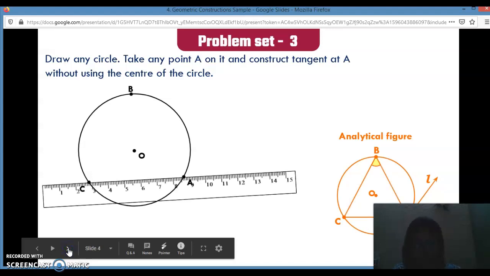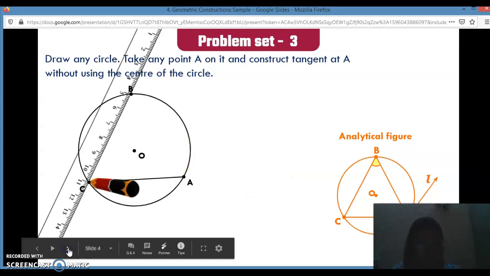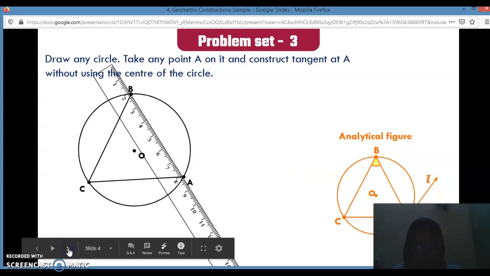Then you will join them by line segments to form a triangle which is inside the circle.